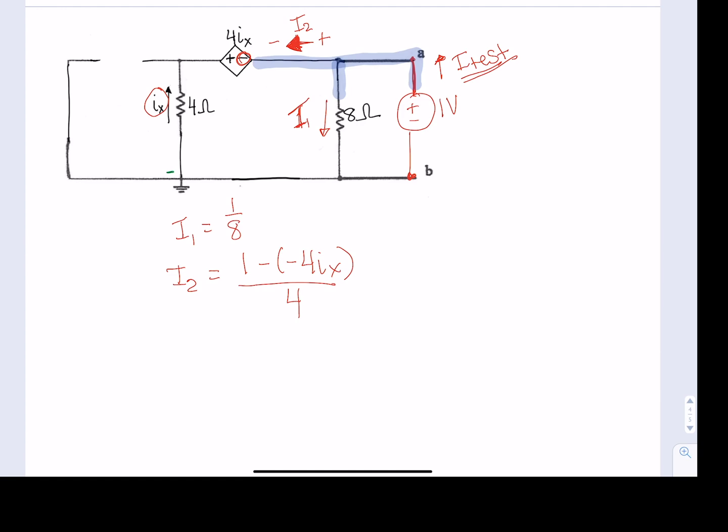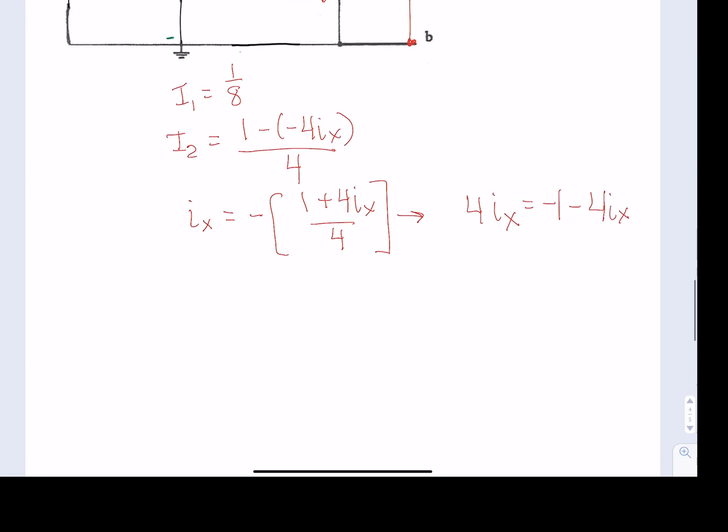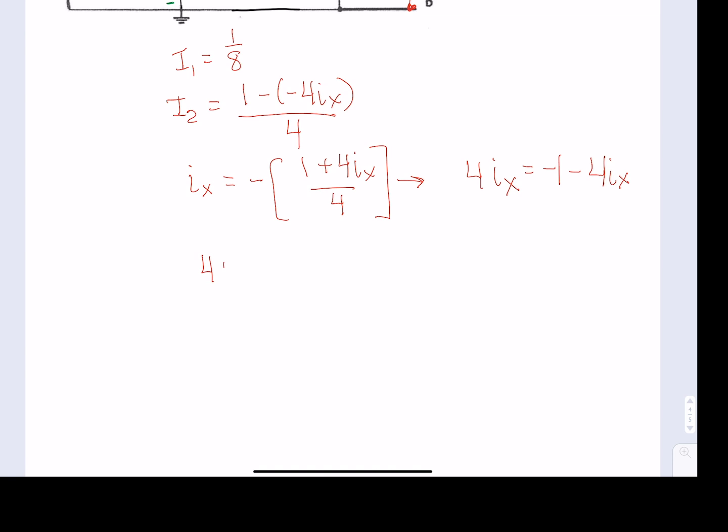And I2, I can see, is opposite Ix. So I can also rewrite this as Ix equal to a minus of this. The minuses become a plus. And I can multiply this 4 over to give me 4Ix is equal to minus 1 minus 4Ix. I can bring the Ix's over to the other side, so that becomes plus 4Ix plus 4Ix equals negative 1. And solving this, I get 4 plus 4, so that becomes minus 1 over 8.